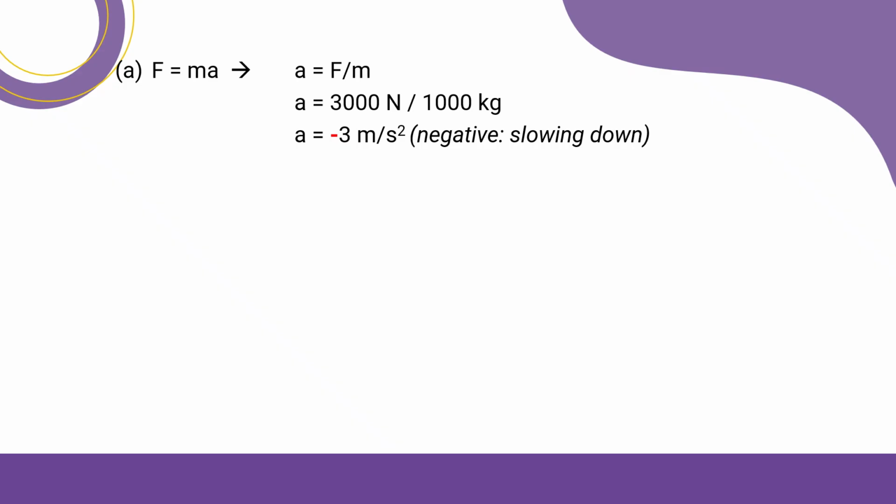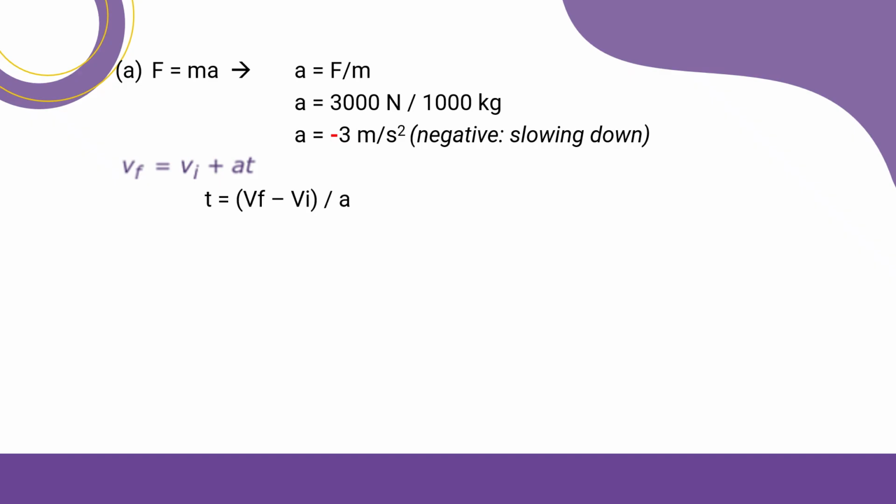Now to get the time, we're going to use one of the kinematic equations, which is Vf, or final velocity, is equal to Vi, or initial velocity, plus acceleration multiplied by time. We could derive the formula for time using this kinematic equation.